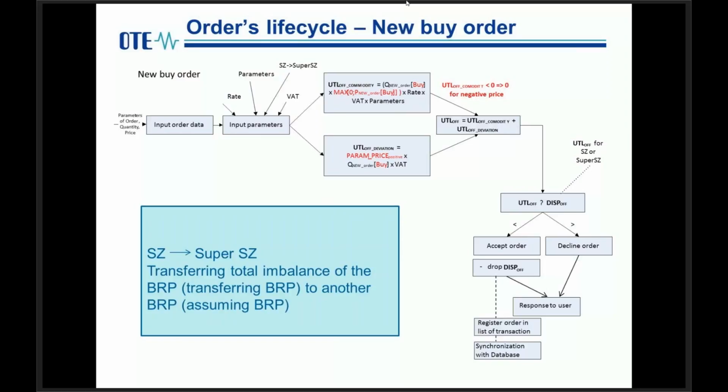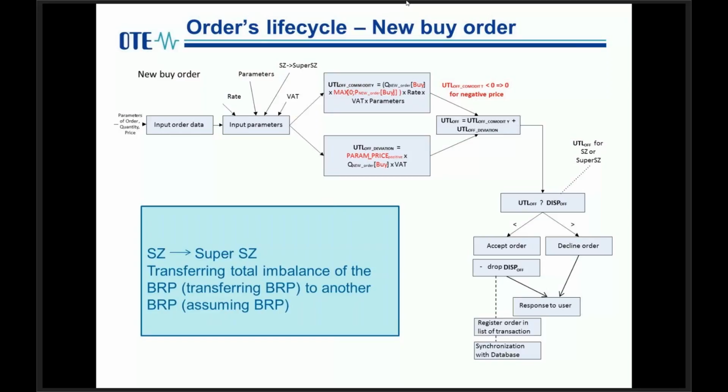If they send the order to a super body, a super subject, or super party, then it is calculated for the super subject. Once the utilization is calculated, you do the comparison with the disposable amount left, that is, freely available resources.